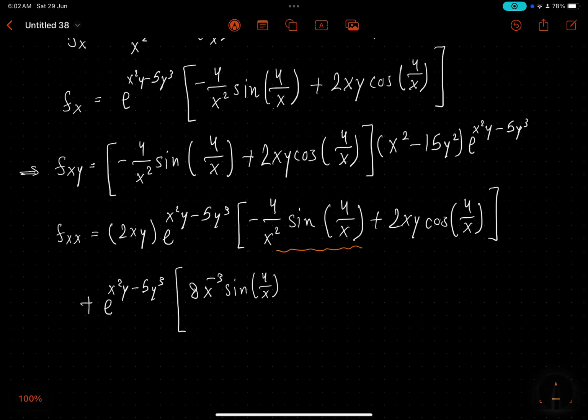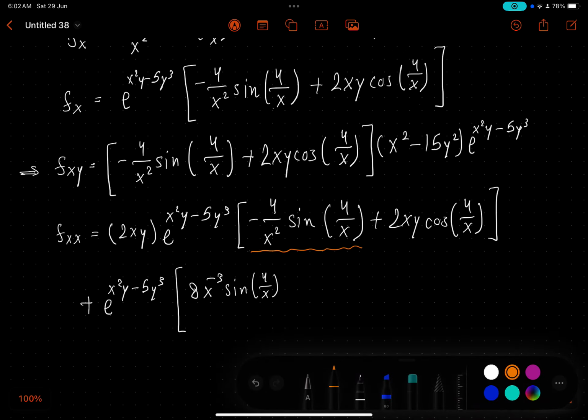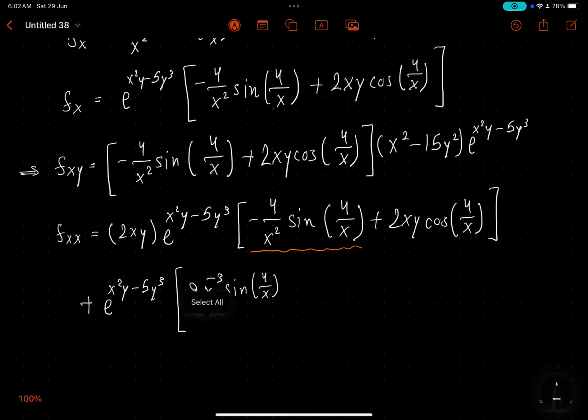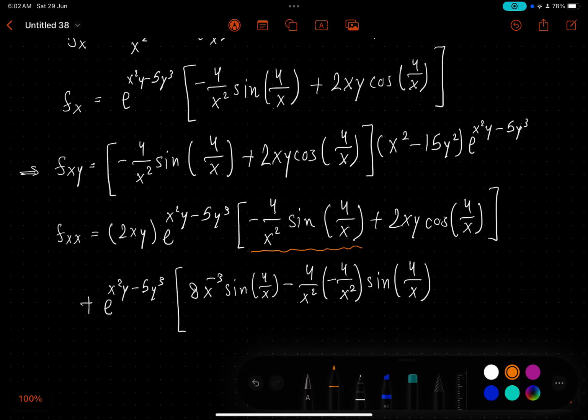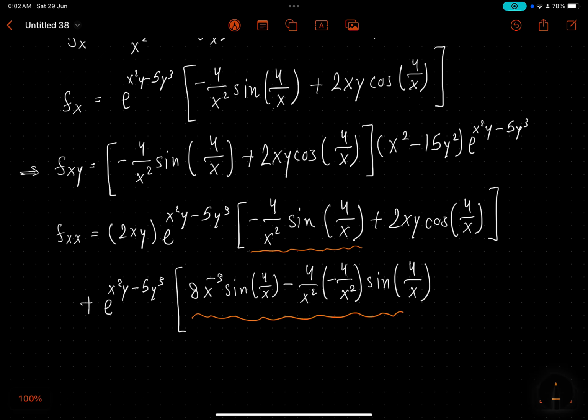So this is our part. Let's continue, we're still in the first term, so we're going to do minus 4 over x squared times minus 4 over x squared times sine of 4 over x, and that's the derivative of our first term.